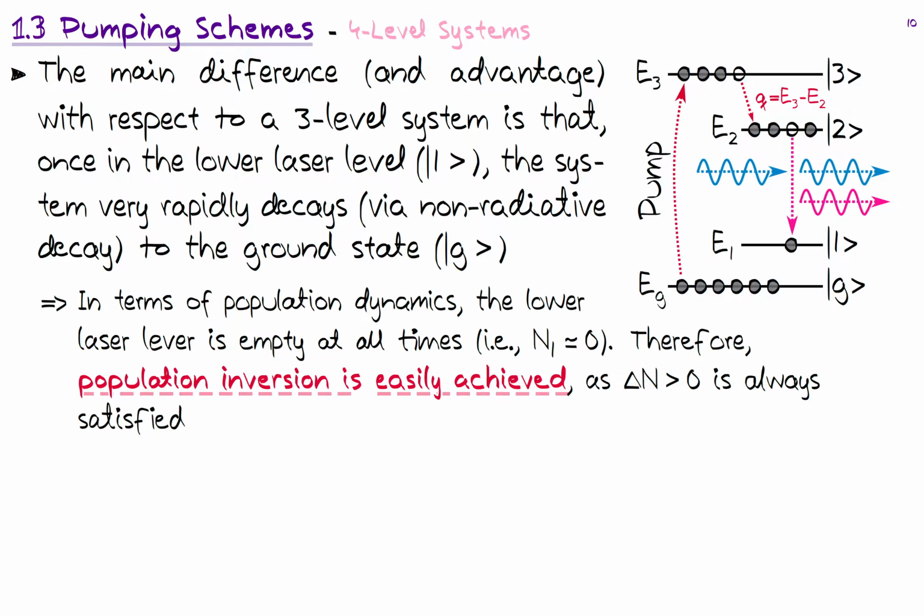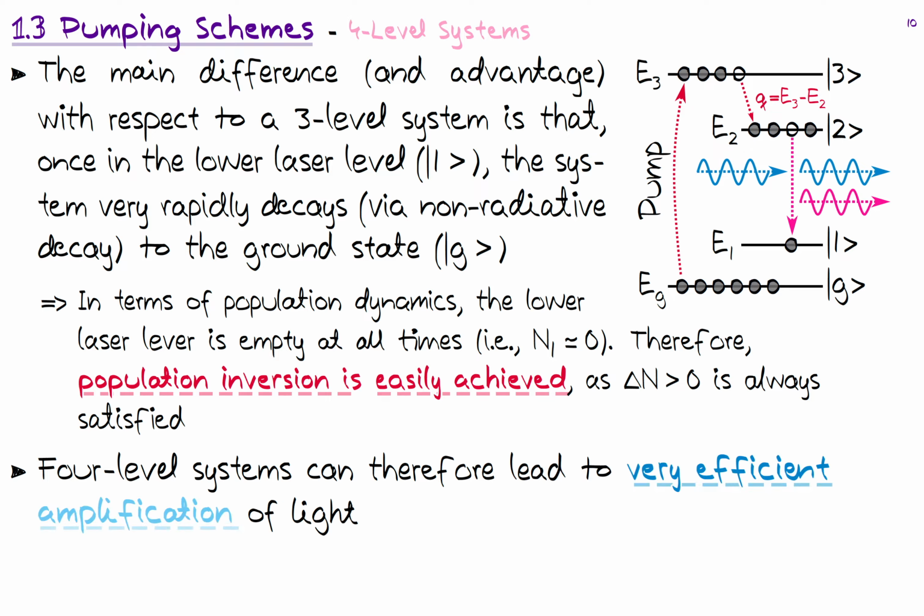This means that in a 4-level system, as long as we can efficiently pump electrons into the excited state here, and this happens via this process, as long as we can have a decent amount of electrons here in the upper laser level, this state basically very quickly decays into the ground state. The population inversion can be extremely easily achieved, and thus lasing can be extremely easily achieved. So this is the main advantage of going into a 4-level system, so that we can have efficient amplification of light and lasing action with a seriously reduced requirement for population threshold.